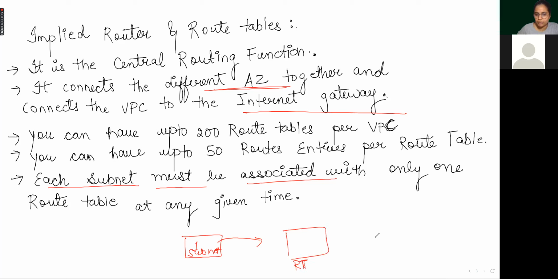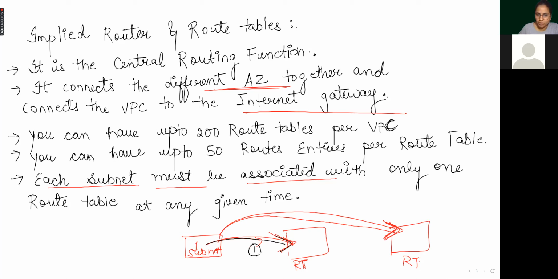It can't be that two routing tables have the information of the same subnet. So say if you have inserted the information of this subnet into one routing table, and again you have entered the information of this subnet in a second routing table. So what happens?